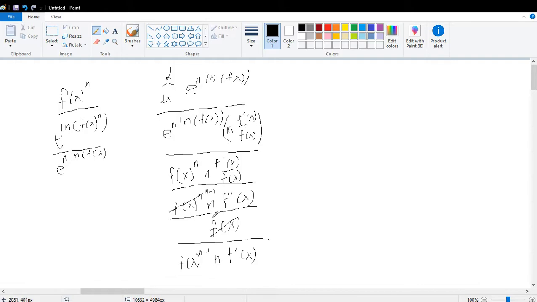For the normal power rule, f of x is always just x. So if that's the case, f prime of x becomes 1.